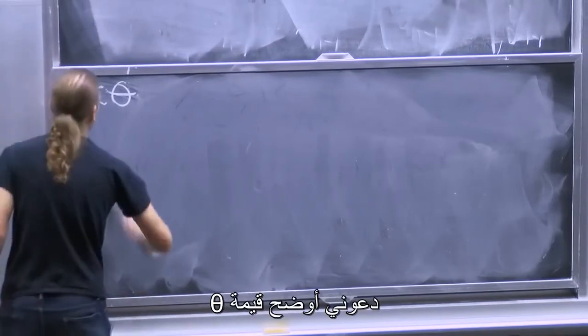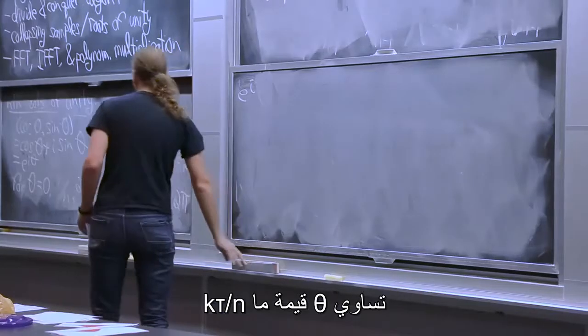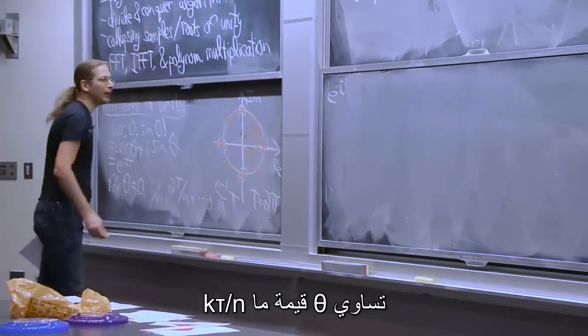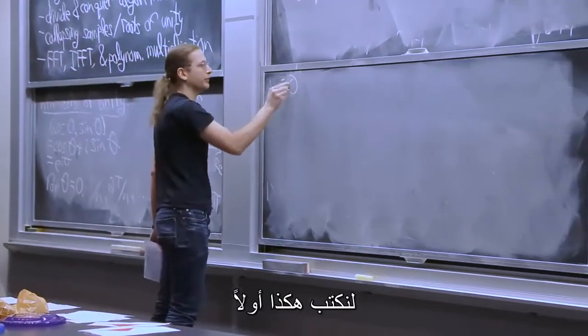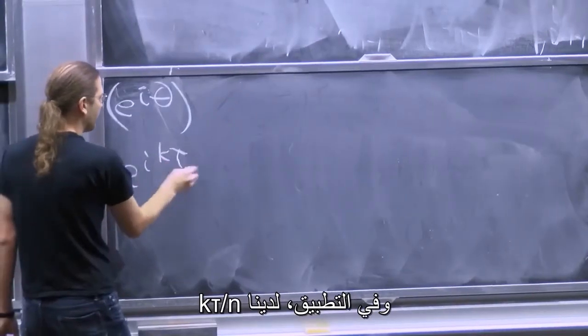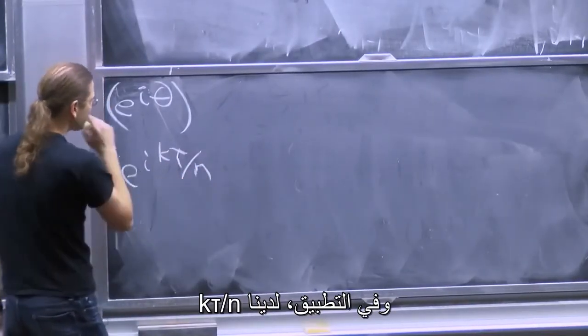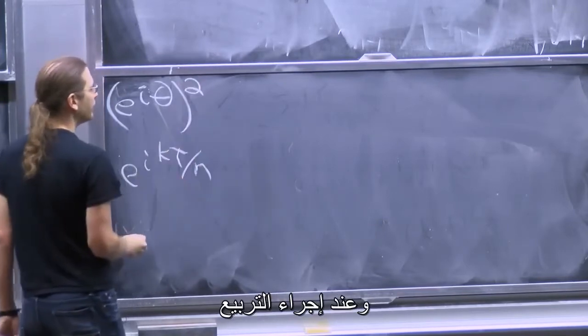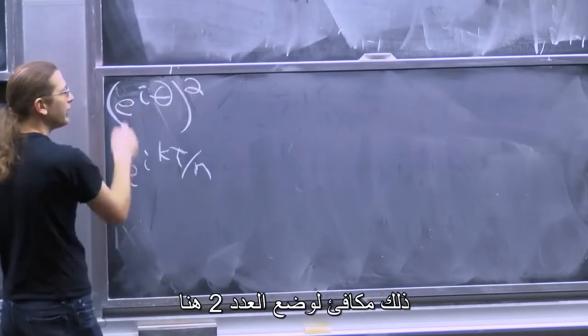Let me expand out what theta is. So theta is some k times tau over n. So in reality, we have k tau over n. When I square it, that's the same thing as putting the 2 right here.